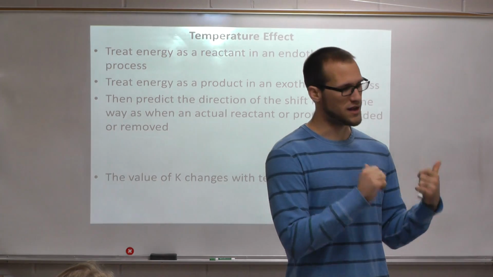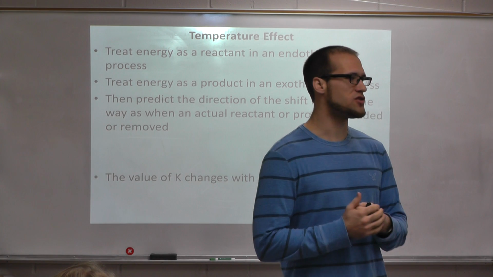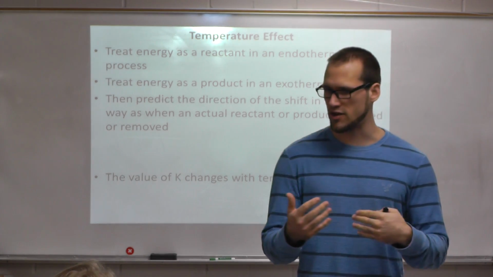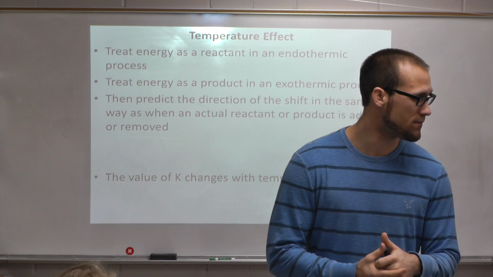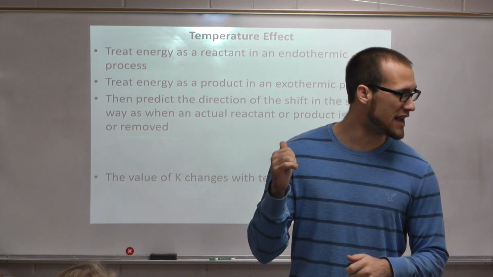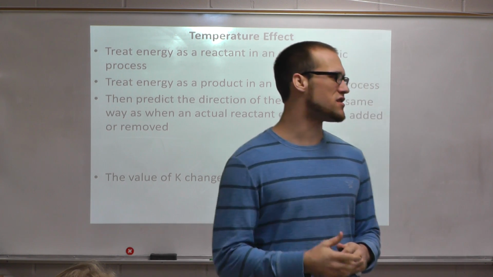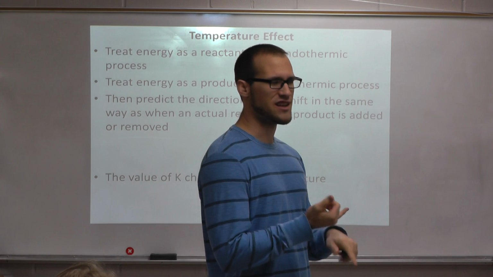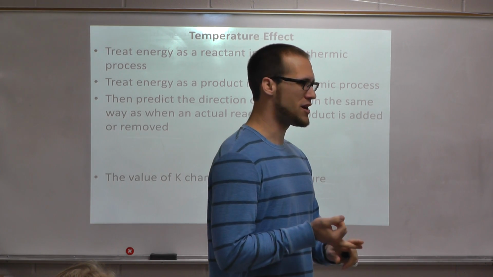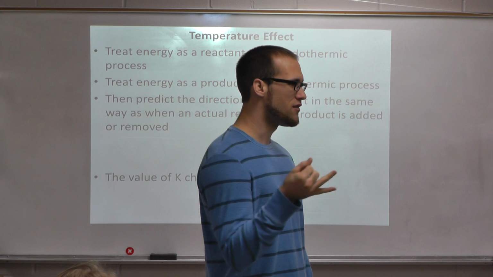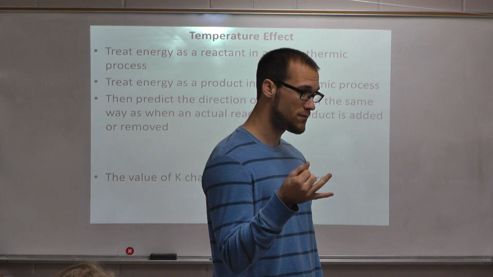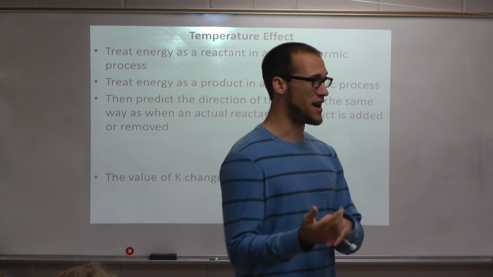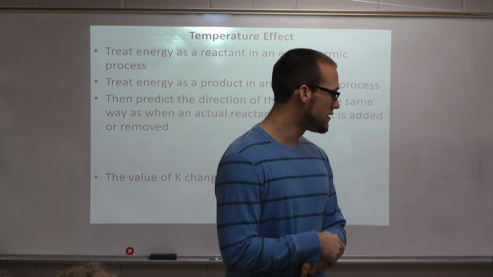When we did the concentration, anything we do to change the concentration will just shift in a way that maintains the same ratio, so your K value will always be the same. Same thing for the pressure idea. But temperature is different because you're not affecting concentration and you're not affecting pressure, which are the two things that we need for our equilibrium constants. So what you're doing is creating either more reactants or more products to shift without adding anything.